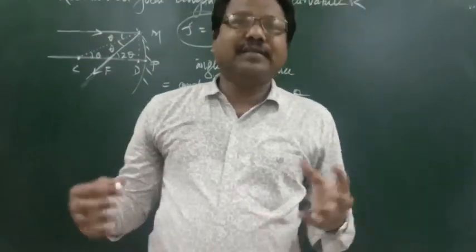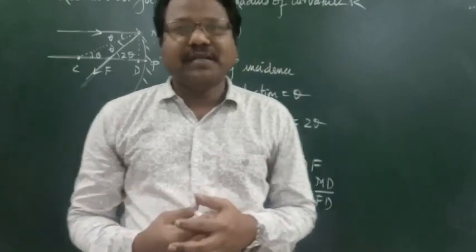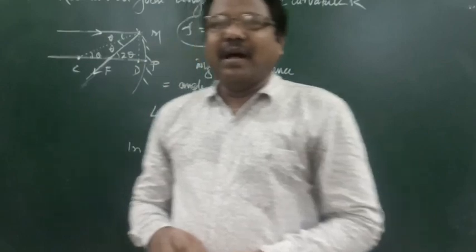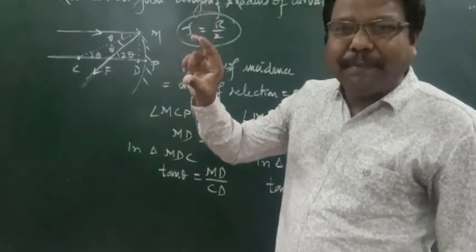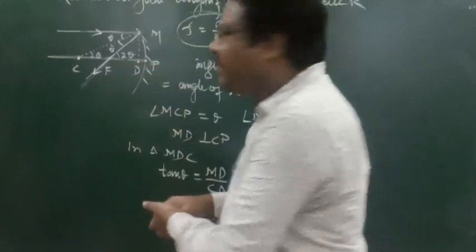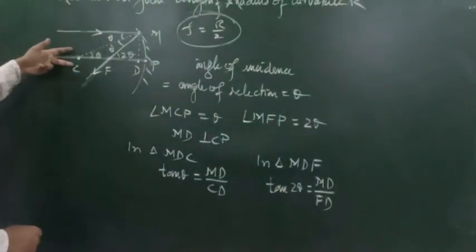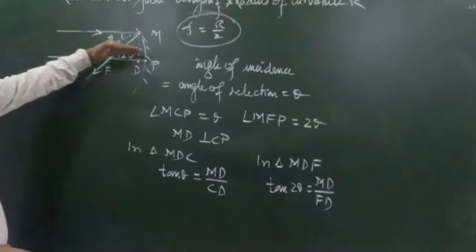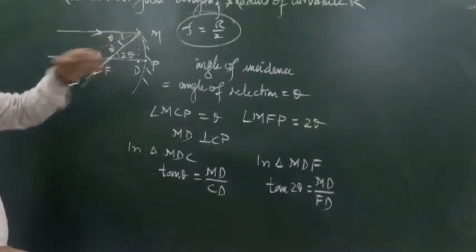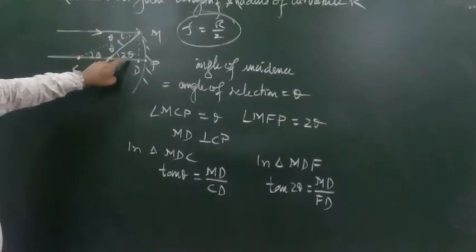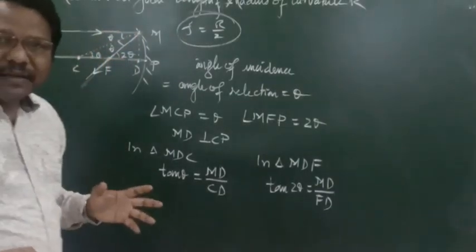Now, a very important thing: if you think of the mirror and the reflection phenomena, generally we deal with a mirror of small aperture, and we take the rays incident paraxial. Paraxial means the rays will be very near to the principal axis. We consider this aperture very small, and when the aperture is very small, theta and 2 theta will be very, very small.